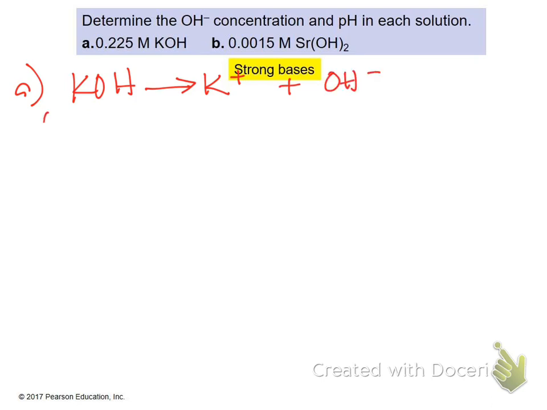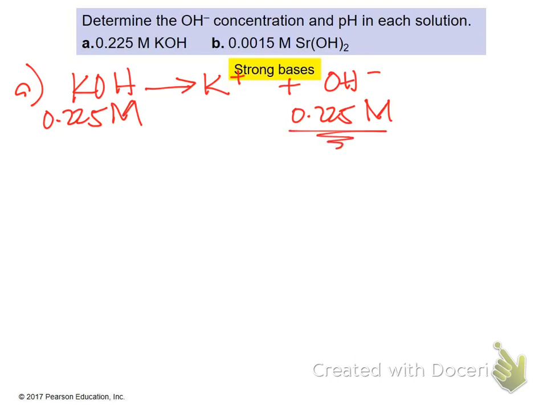And so 0.225 molar of the strong base will generate the same concentration of the hydroxide ion, because they're in a 1-to-1 ratio.